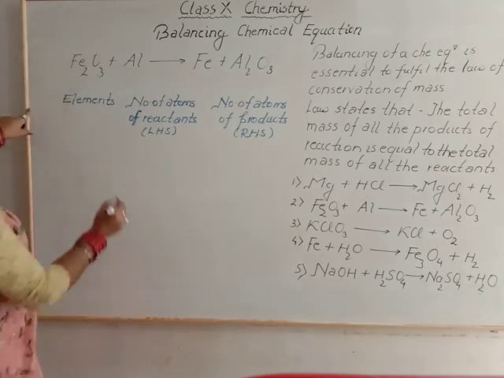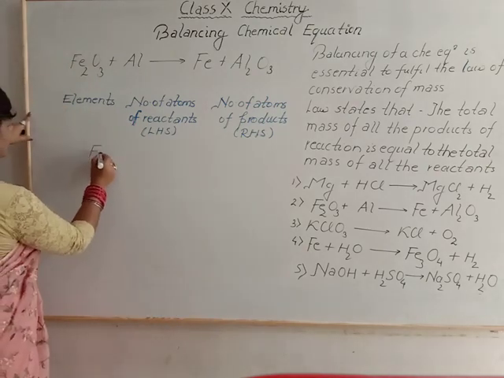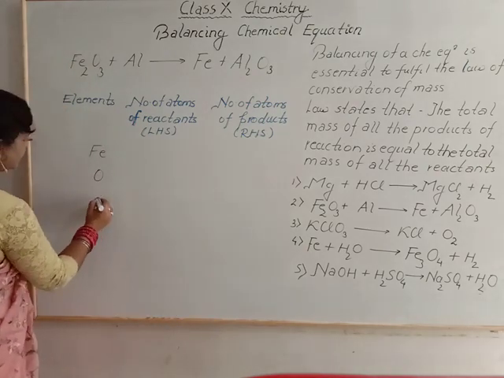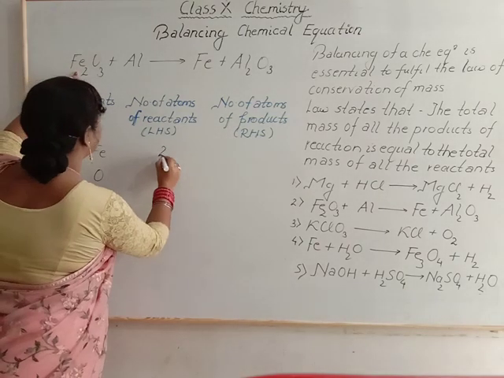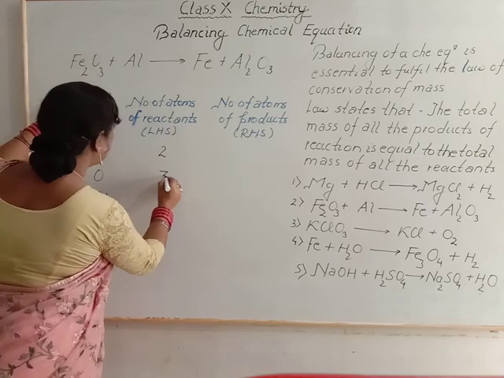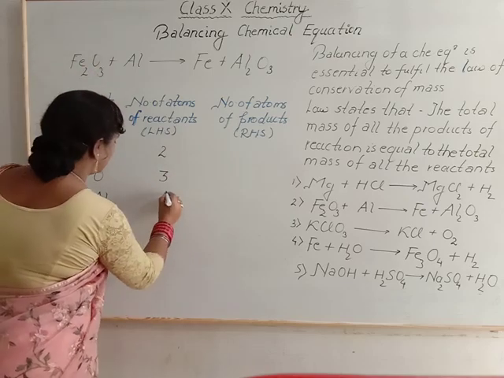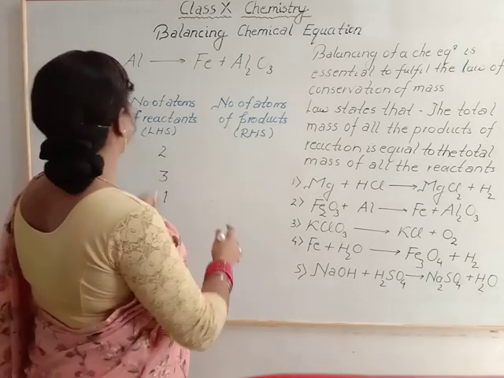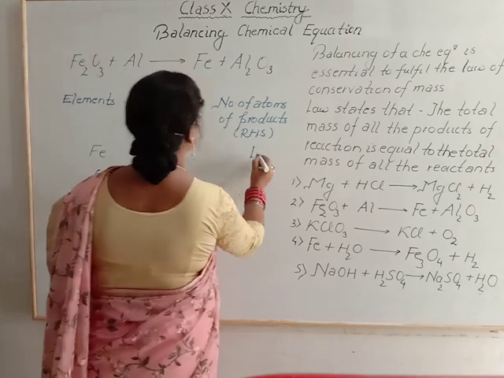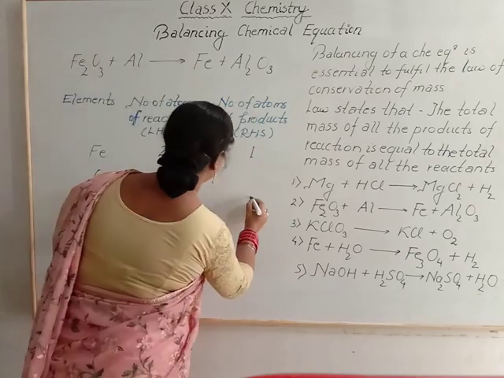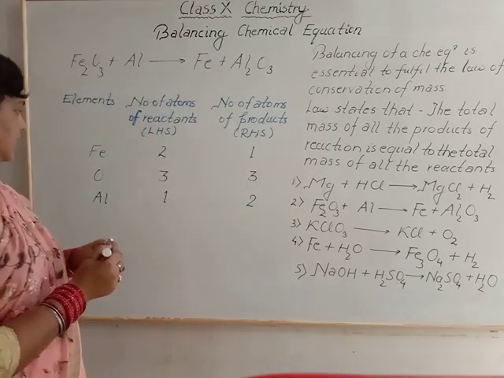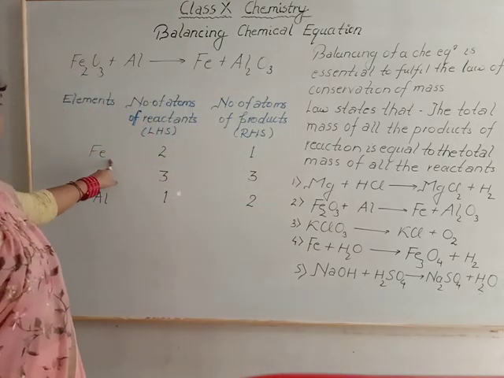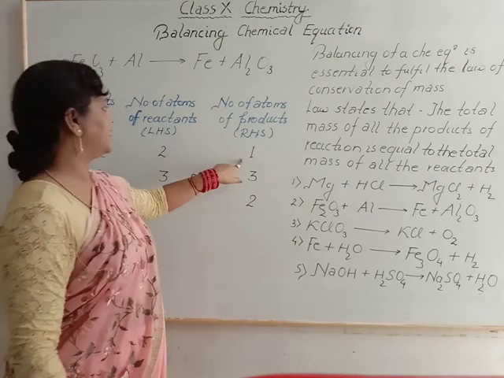Again you see here what is present? Iron, oxygen and aluminium. Left hand side, iron is 2, oxygen is 3 and aluminium is 1. Now see in the right hand side, iron 1, aluminium 2 and oxygen 3. Now you can see that here iron is 2 but here iron is 1.